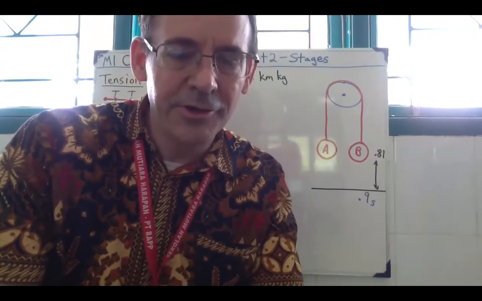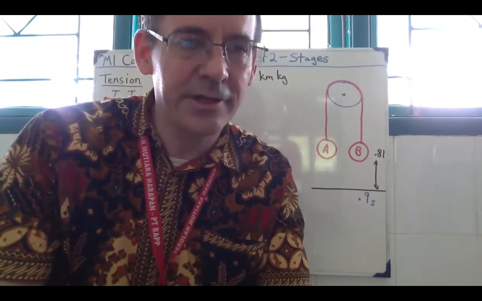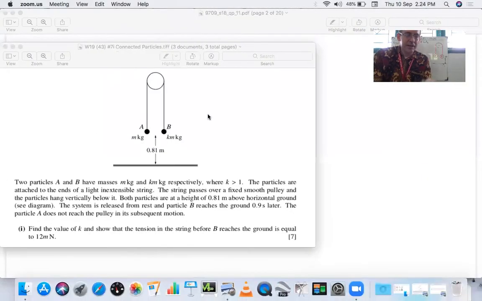Okay, here's our third and last question for this video. And let's look at it. Here's our diagram, pulley again with objects. 2 particles, A and B, have masses m kilograms and km kilograms respectively, where k is greater than 1. The particles are attached to the ends of a light inextensible string.